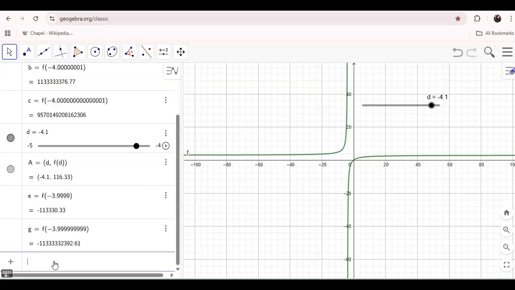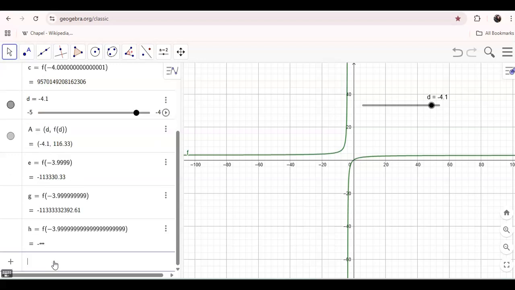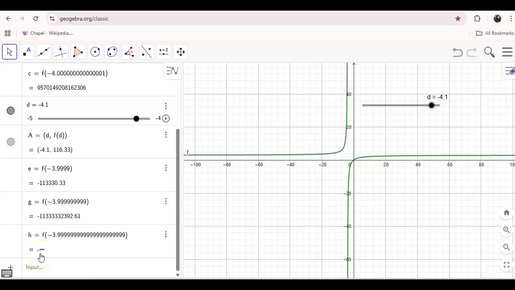Okay, another negative number, a very big negative number, and let's have another x value that is very close to -4 from the right, like this one. Okay, so GeoGebra returned -infinity. So what do we notice? Yes, as x approaches -4 from the right, that is, values greater than -4, the corresponding y values approach -infinity.